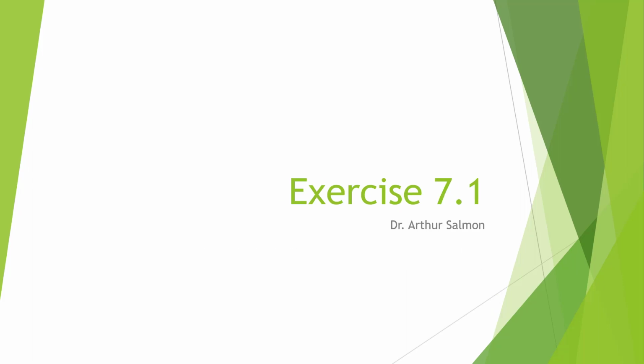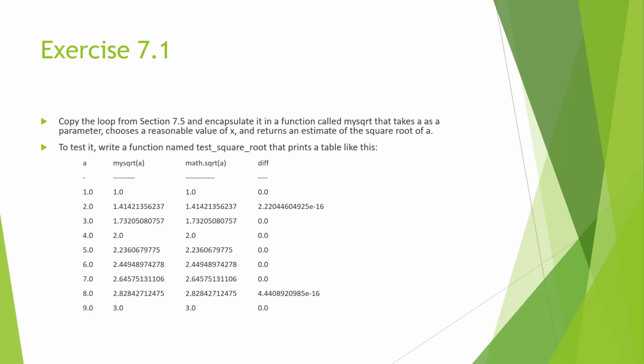Exercise 7.1. The general description is essentially that we're going to be copying section 7.5 out of our book. We're encapsulating it with the my_root function, and we should be able to write a loop that will do what's displayed below. Again, it should be called test_square_root, and it prints out this type of output. You'll notice it has 4 columns.